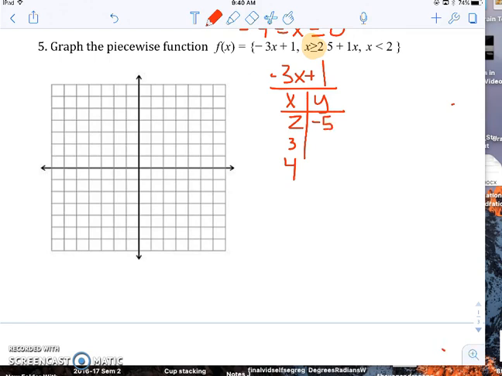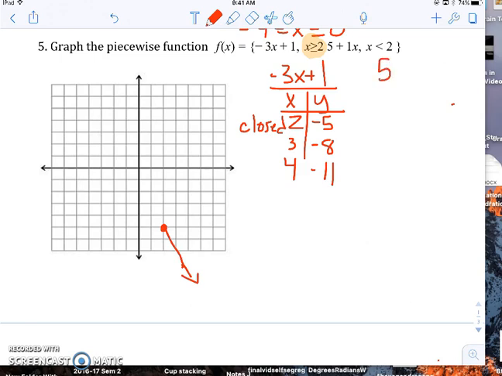Negative 3 times 3 is negative 9, plus 1 is negative 8. Negative 3 times 4, negative 12, plus 1 is negative 11. So this would be a closed circle. So we have 2, negative 5, and 3, negative 8. So it's going to go that way.